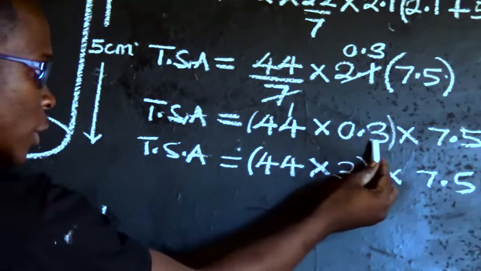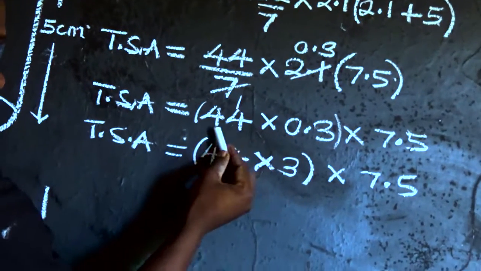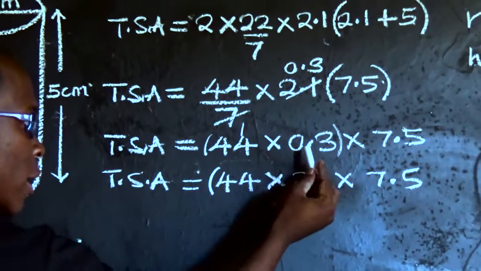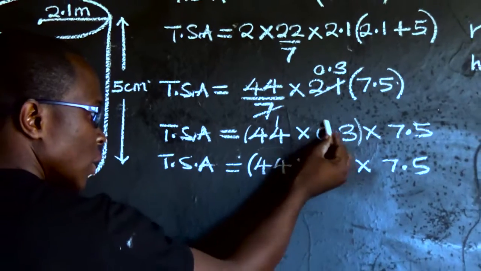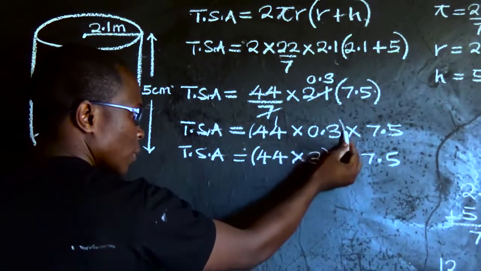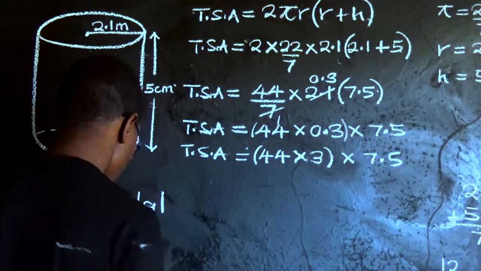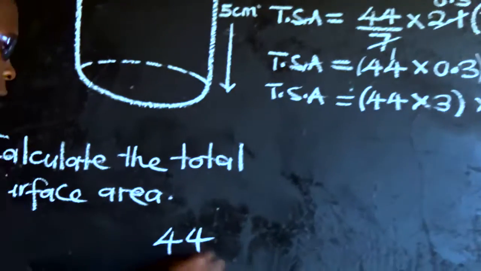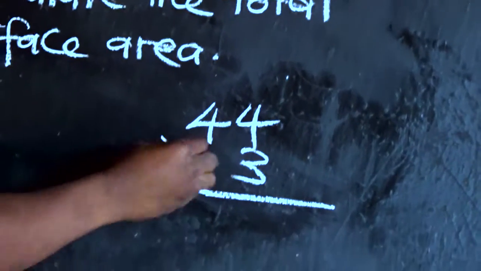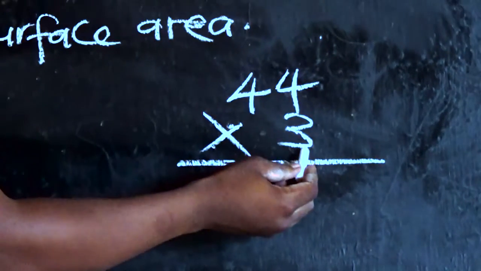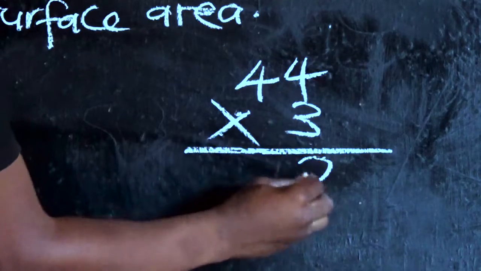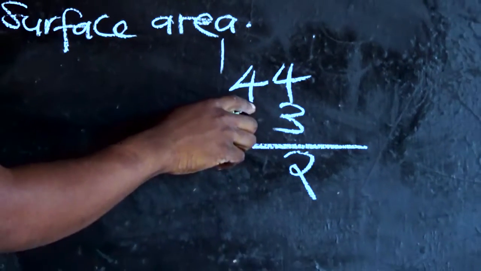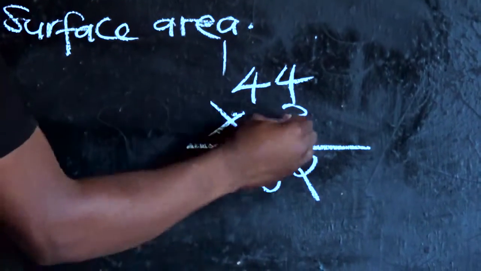Let us deal with this one first. We ignore this decimal point, so we multiply 44 times 3. We know 3 times 4 is 12, so write 2 carry 1. 3 times 4 is 12, plus 1, 13.